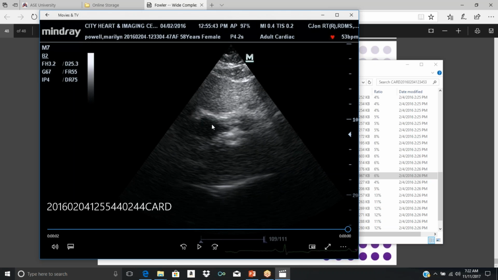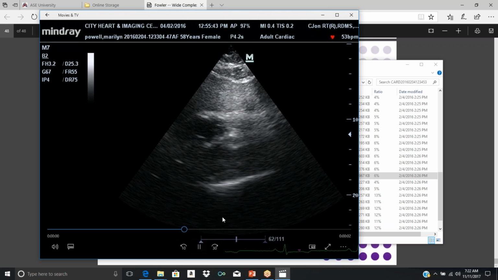Again, subcostal view, right ventricle, right atrium. Excellent view to look at the ventricular septum, atrial septum. If you're going to measure the thickness of the RV wall, if you're looking for pericardial effusion, excellent view.